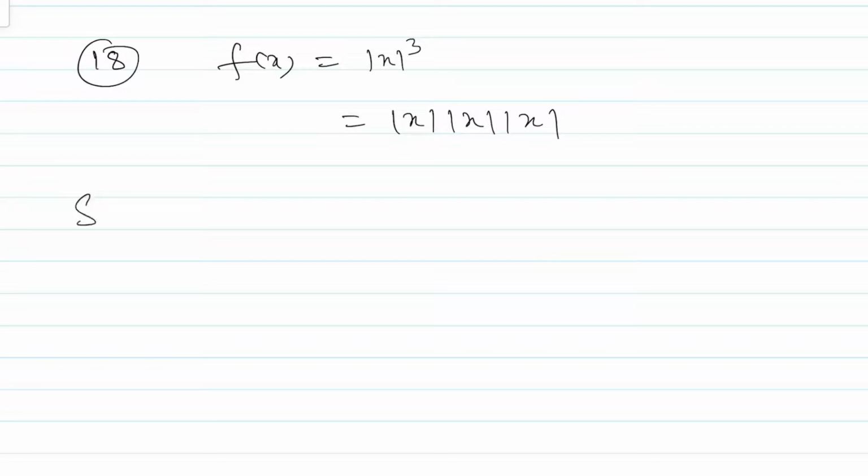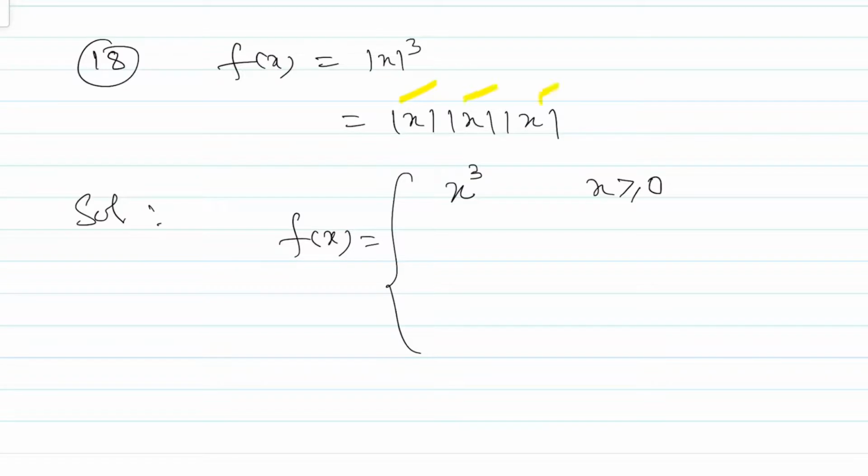Now, simplifying it, f(x) can be written as x³ when x is greater than or equal to 0. When x is greater than 0, all these values will be positive and equal to x. So x into x into x equal to x³.